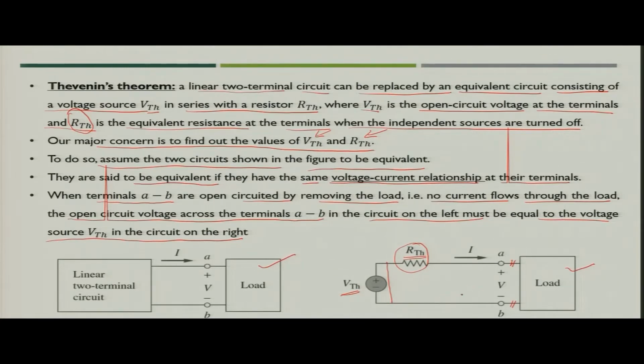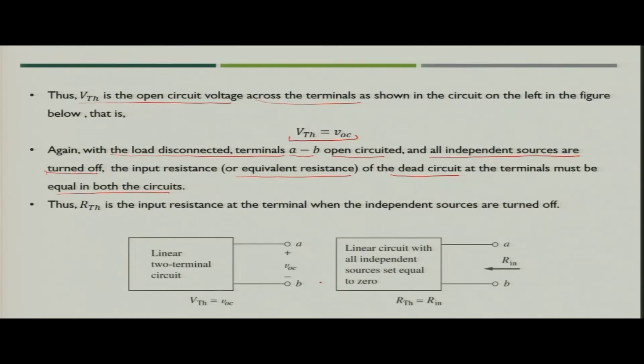So, whatever resistance you see in both of the cases, the input resistance across the linear circuit with all independent sources set equal to 0 would be equal to RTH. So, with these two conditions you can find the value of the important parameters required for the Thevenin theorem, which are VTH and RTH.